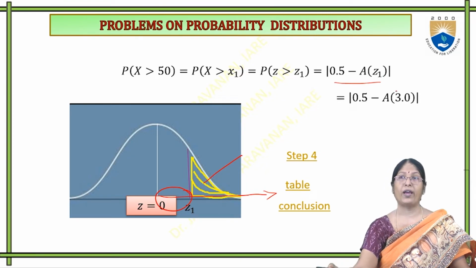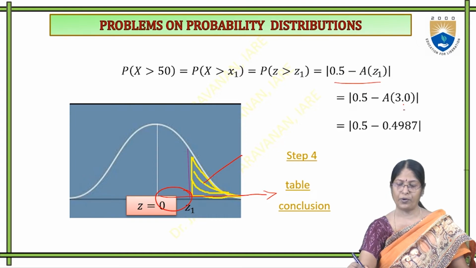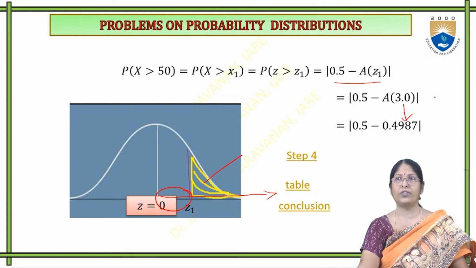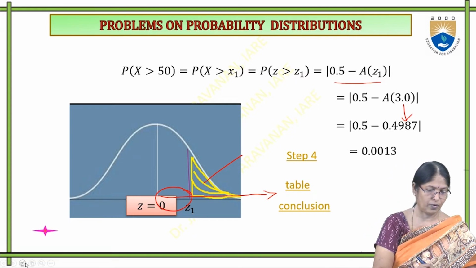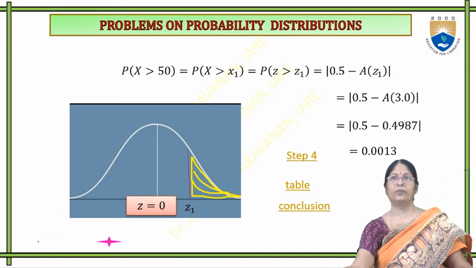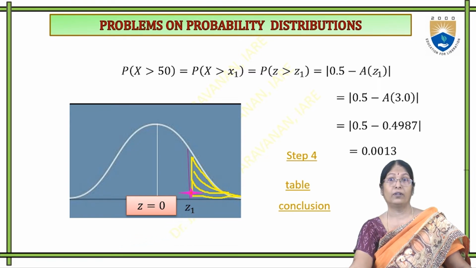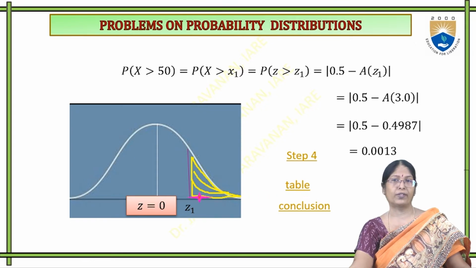Z1 we obtained as plus 3, and using the normal distribution table we can obtain 0.4987. The final result is 0.0013. The star indicates why it is placed: because of the positive, and the movement of the star is the domain of area we evaluated, that is 0.0013.